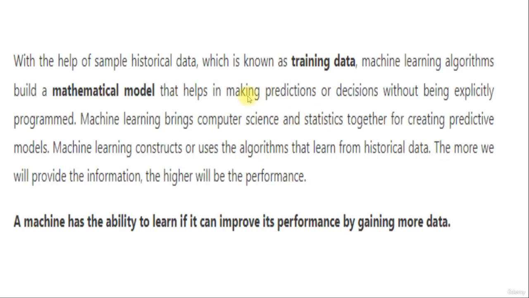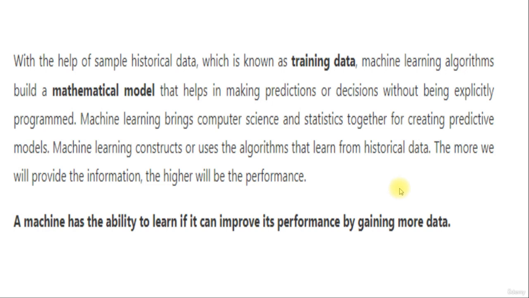Now with the help of some sample historical data, which is known as the training data, machine learning algorithms build a mathematical model that helps in making predictions or decisions without being explicitly programmed. Machine learning brings computer science and statistics together for creating predictive models. Machine learning constructs or uses algorithms that learn from historical data.